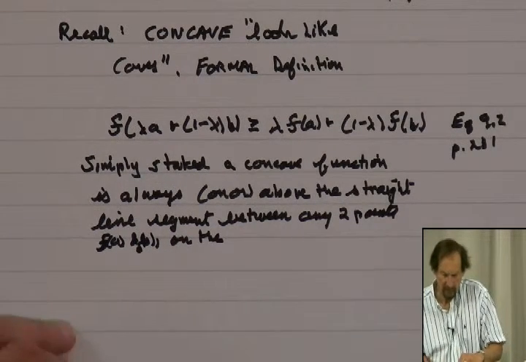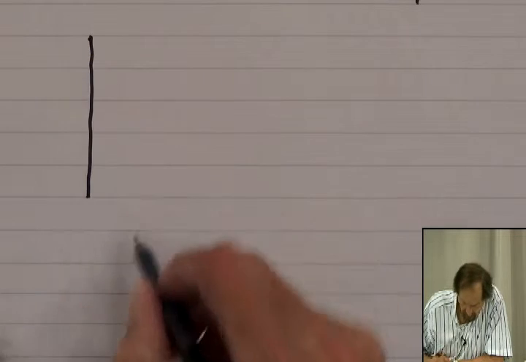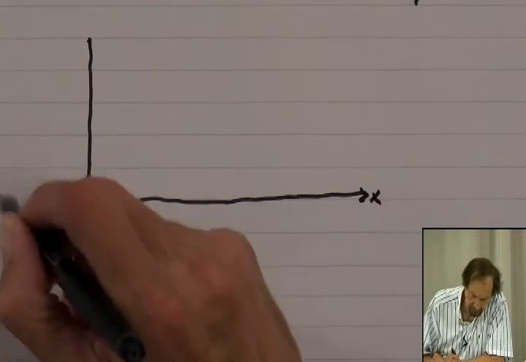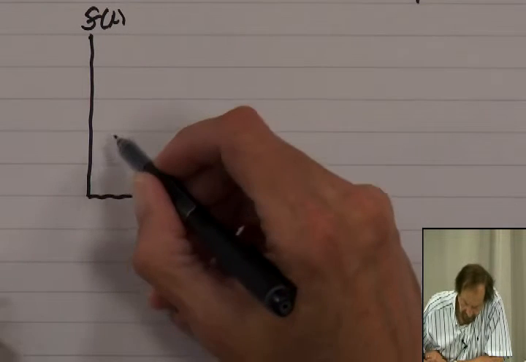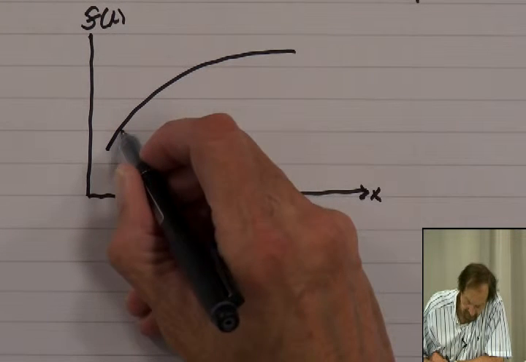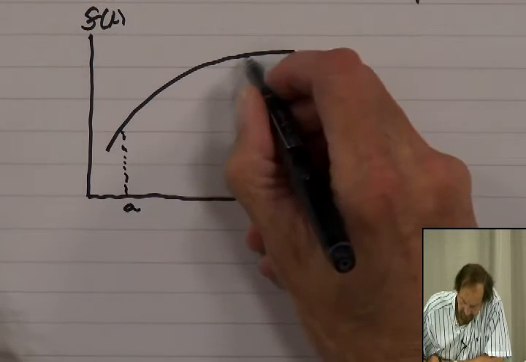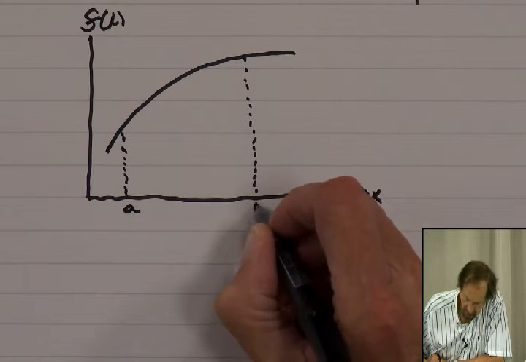Okay, let's draw a picture. We just said that a concave function always lies on or above that. So let's draw a picture of a concave function. Let's say x, f of x. Now, let's take a function that goes like this. Let's take 2 points on that function. This is A. This is B. These are 2 points on the x-axis.